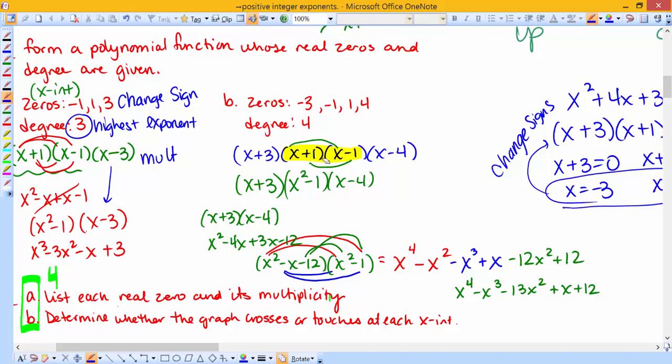My reasoning for picking the x plus 1 and the x minus 1 was because I know that that is a difference of squares, and it will give me x squared minus 1. And then I went ahead and I multiplied the x plus 3 with the x minus 4 over here, and got my answer of x to the second minus x minus 12, and then I just multiplied it by the x squared minus 1.